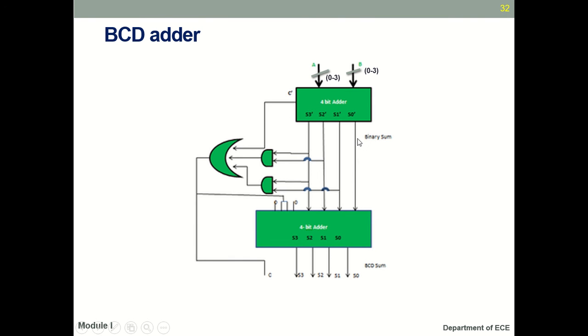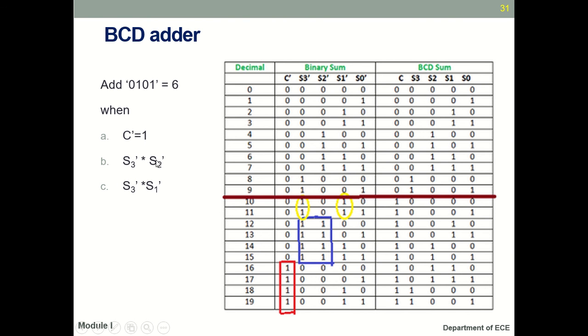But the aim of this construction is to get the output of this addition also in BCD. How that is possible is, the expression that we have seen, C dash, you take an OR gate, and C dash is added here, and then S2 dash into S3 dash, as given here.